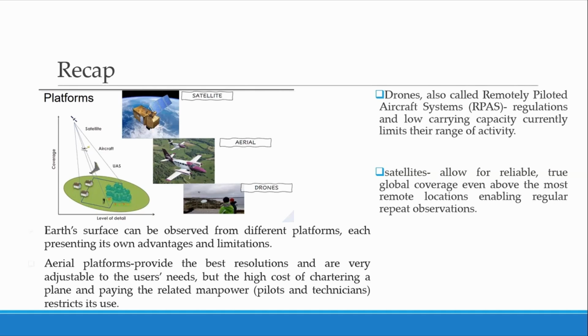Whereas with aircraft or drones, you're covering a smaller area, but you're having a lot of detail. Each sensor or platform that you're using to capture this data has its own advantages and disadvantages, like we shall see during the discussions. And these guide you on which platform to select based on the kind of project or application that you're dealing with.